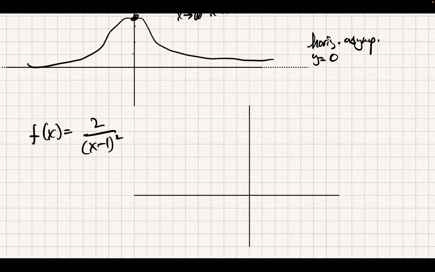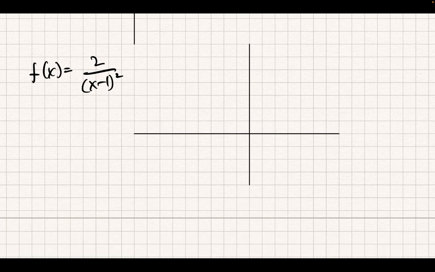Right now I want to look for vertical asymptotes. Would it be 1 and negative 1?